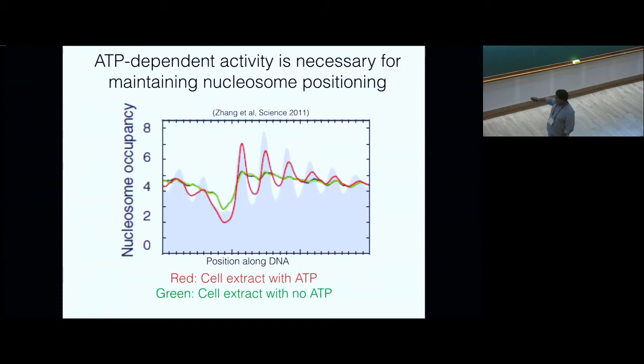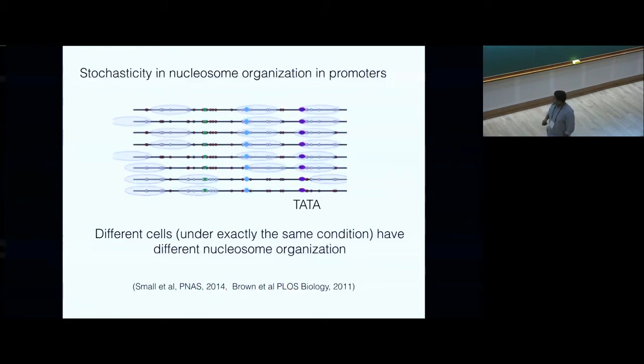If you do not have ATP, you have a nearly flat line, and only if you have ATP do you get this pattern, which is basically the signature of a fluid or fluidity. So ATP-dependent activity is necessary for maintaining the nucleosome positioning, which is relevant in cells.